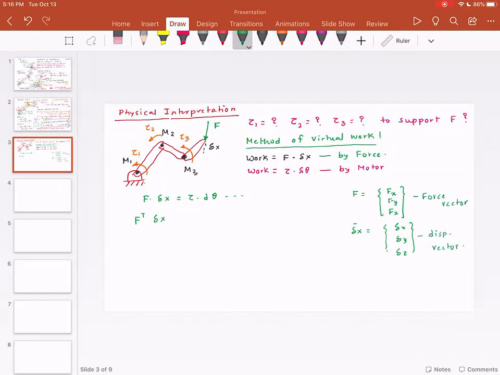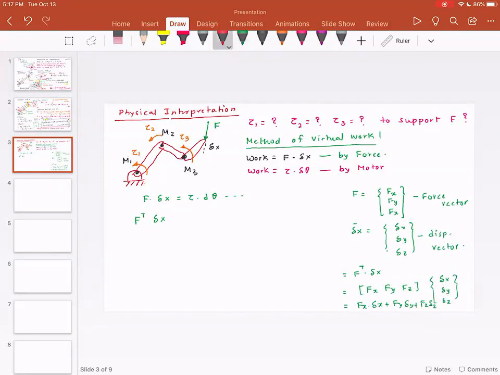and I have a displacement vector. And I'm interested in taking the dot product, and the way the dot product is done is F transpose delta x. Let me write this down for a second. So F of x, F of y, F of z, delta x, delta y, delta z. So your total virtual work done is F of x delta x plus F of y delta y plus F of z delta z.